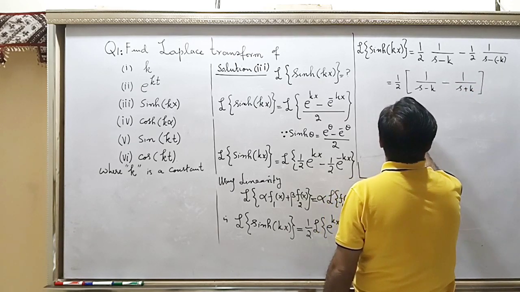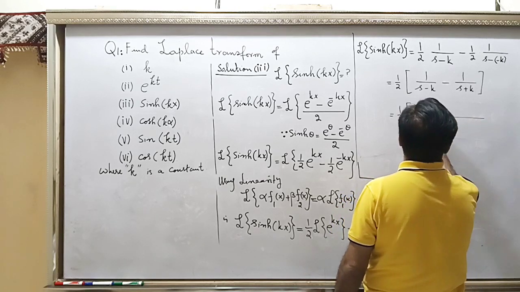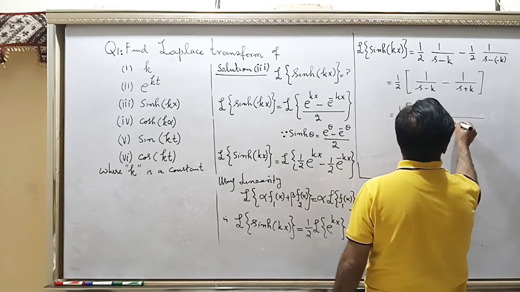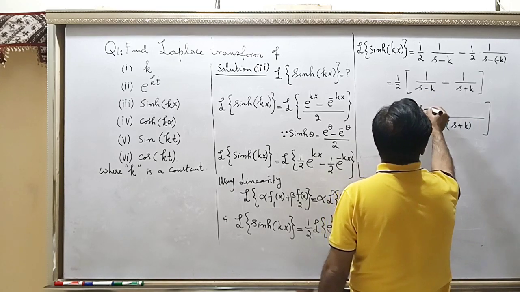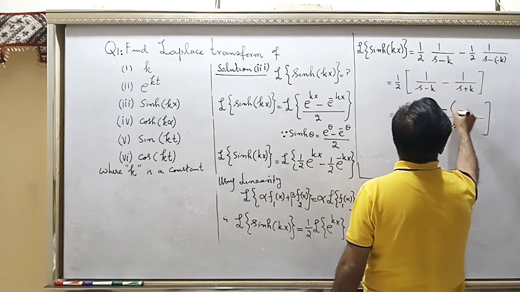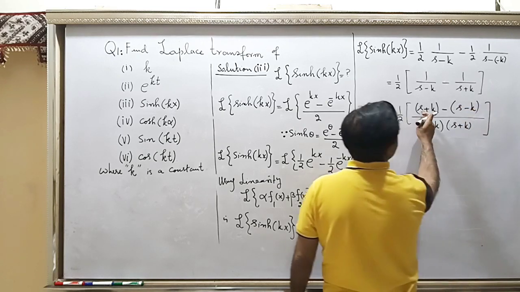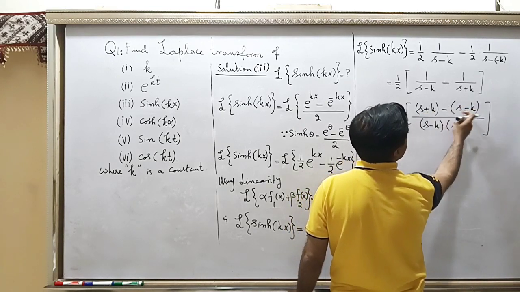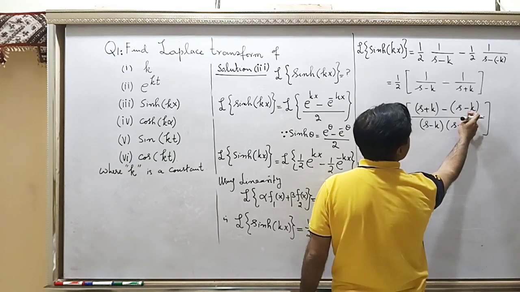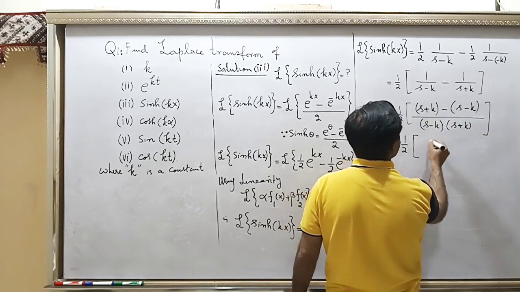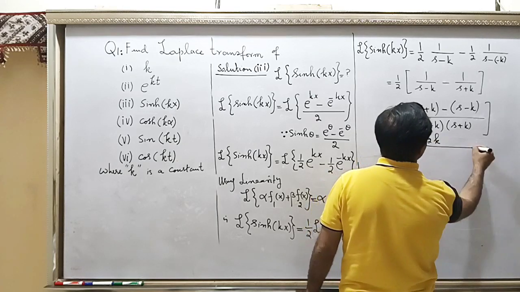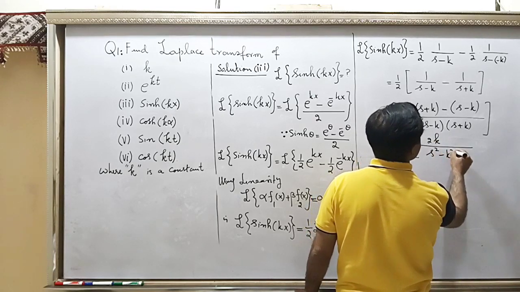Take the LCM, s minus k, s plus k. The s minus k cancels, s plus k, and minus s minus k. Look, plus s and minus s will cancel, minus k and minus k will make plus k, and this k will make 2k, so it is 2k over s square minus k square.